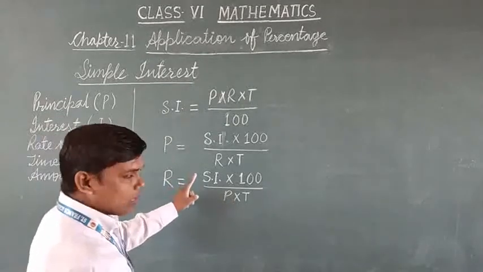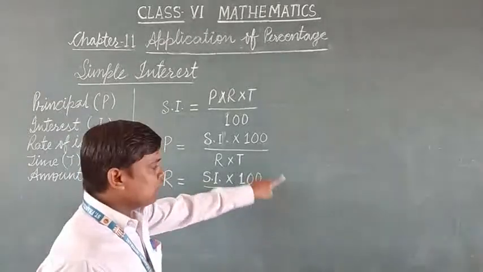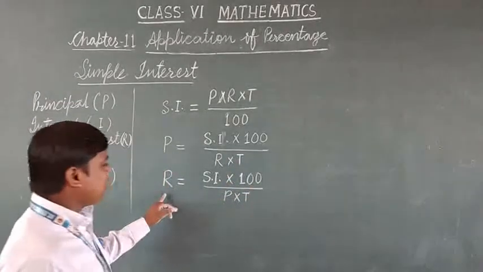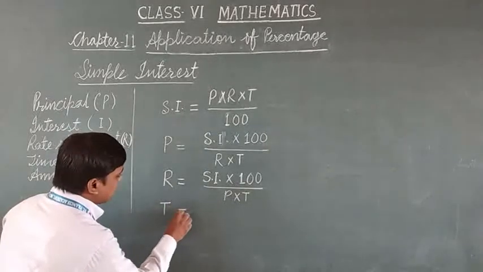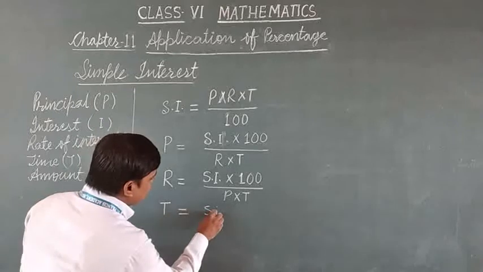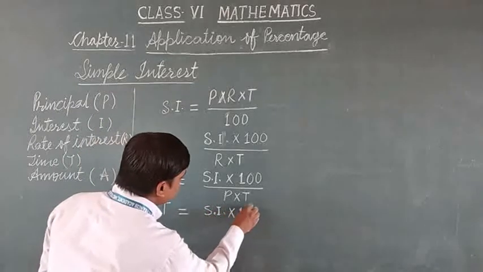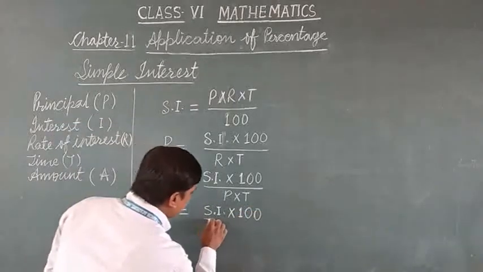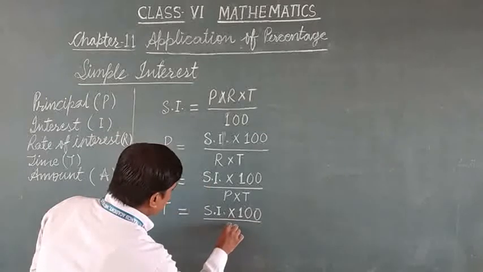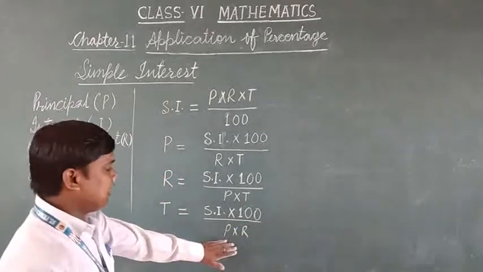Means if simple interest, principal and time are given, using this relationship we calculate R. For T, that is time, T = SI into 100 by P into R, that is principal into rate.